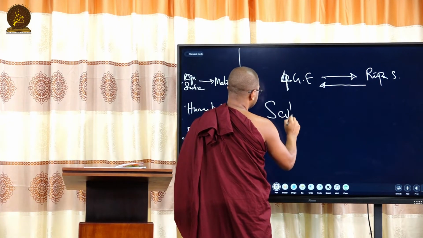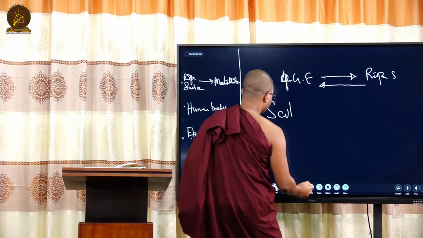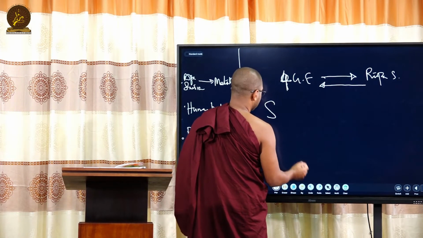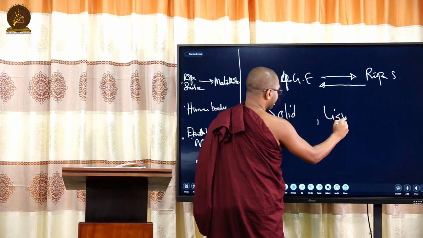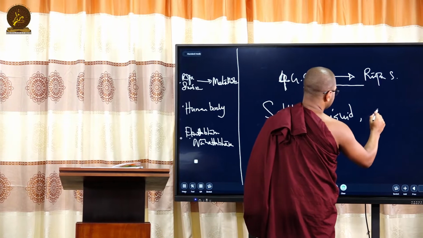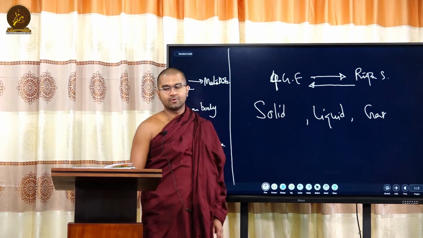A solid body, a liquid body, and a gas body, right? These are the three states of Rupa.